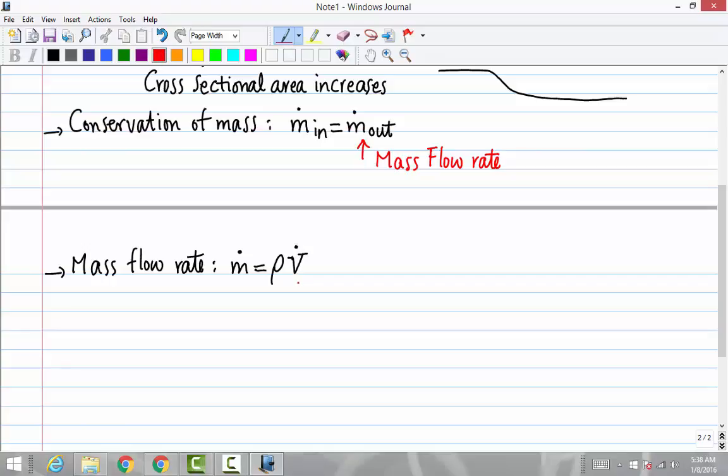That V dot is the volumetric flow rate, and rho is density. Okay.